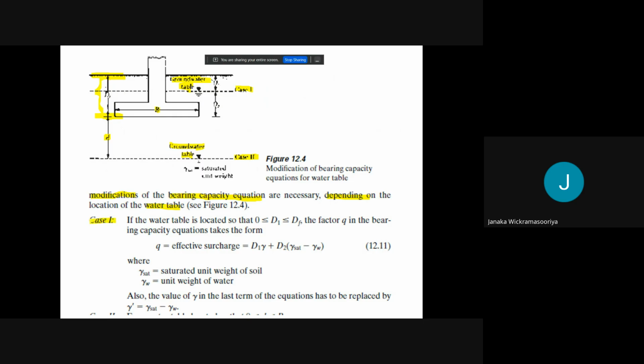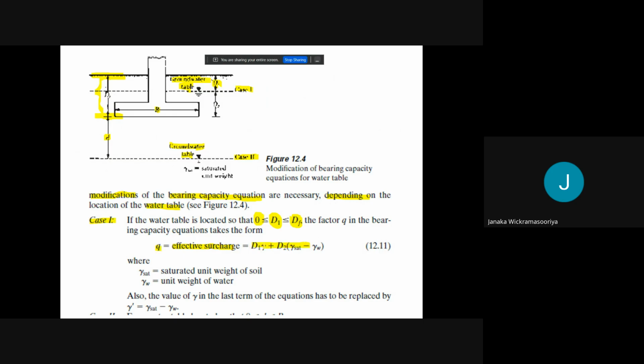Right. Case 1, if the water table is located so that D1 means the depth to the water table. This is D1. The depth to the water table is in between 0 and the foundation depth. The factor Q in the bearing capacity equation takes the form of the effective stress or effective surcharge.